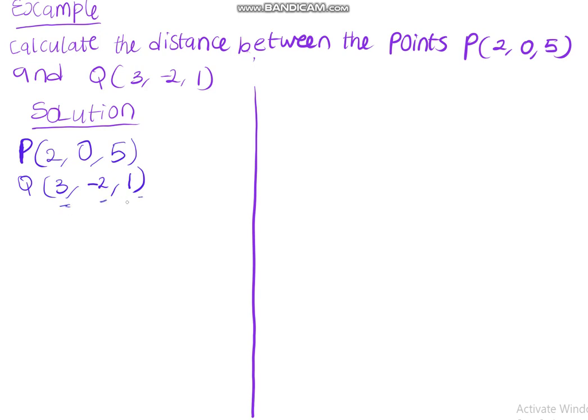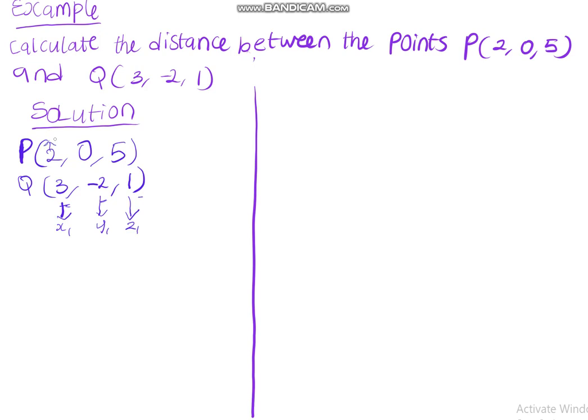So to solve the distance between P and Q, you can call the first entry whichever one you like. Let's take the first entry for Q to be x1, and the next entry to be y1, the next entry to be z1, and the same thing for point P.